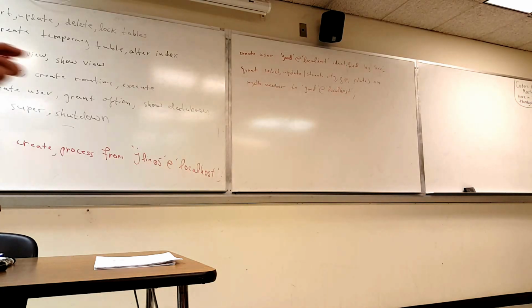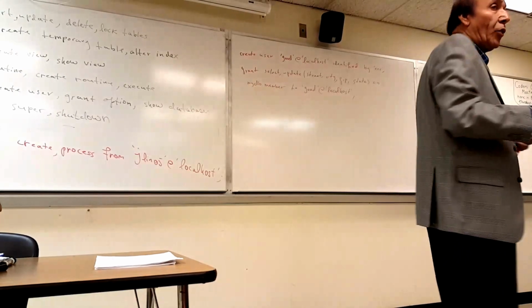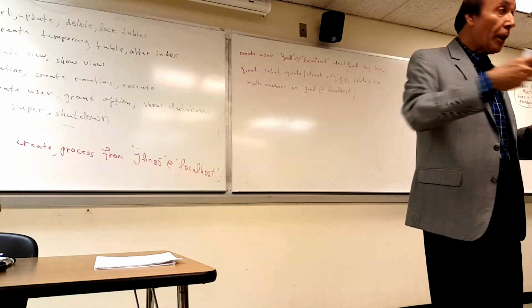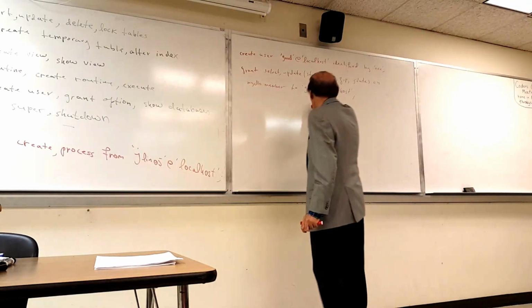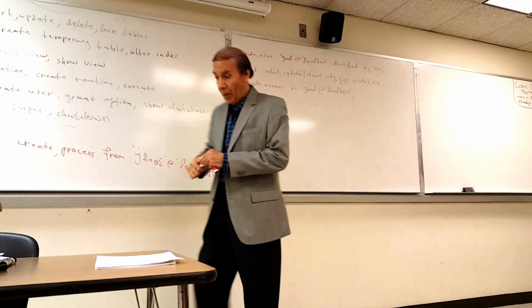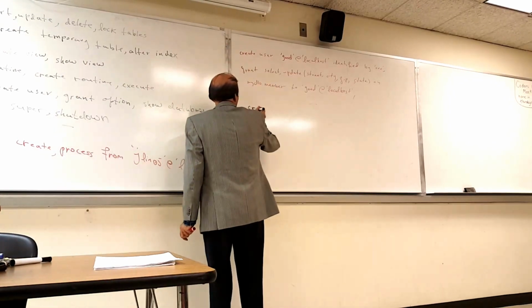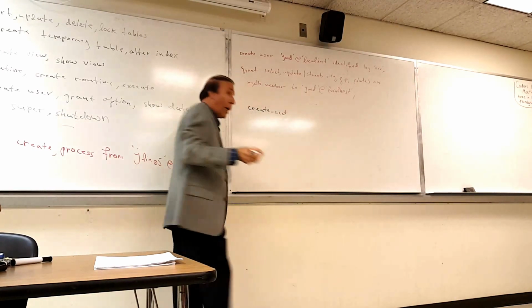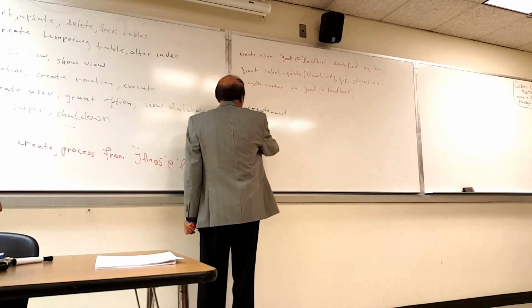Now, if you are creating two scripts, okay, you could call your scripts create ACCT, for example, create account, right, and delete account.